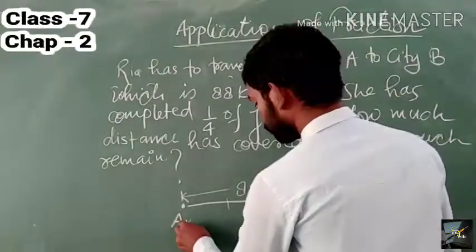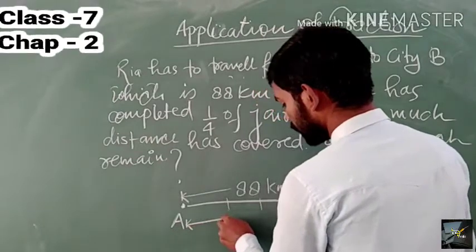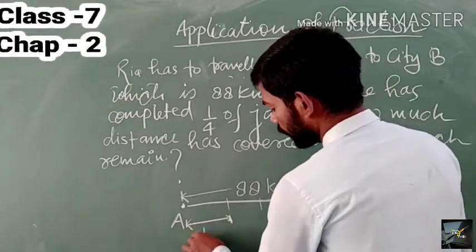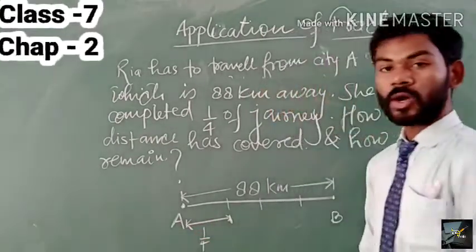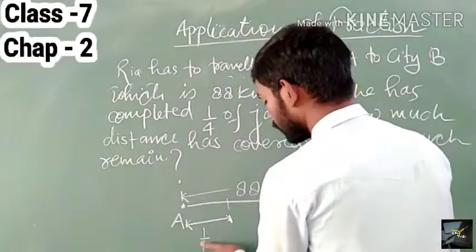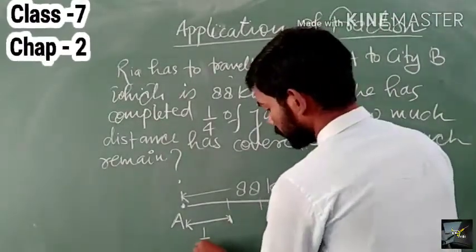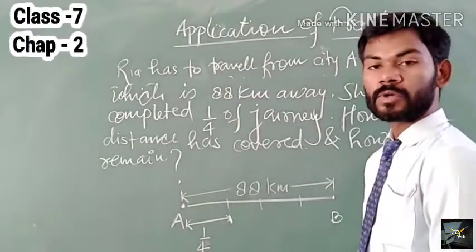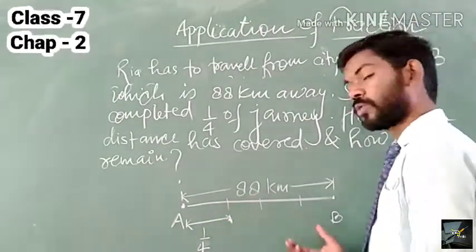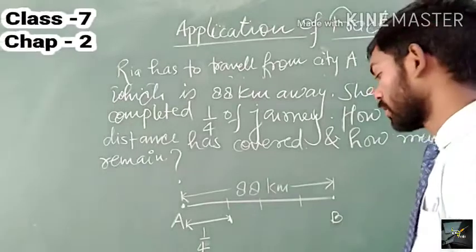Therefore, this is the 1/4 distance of the total journey.